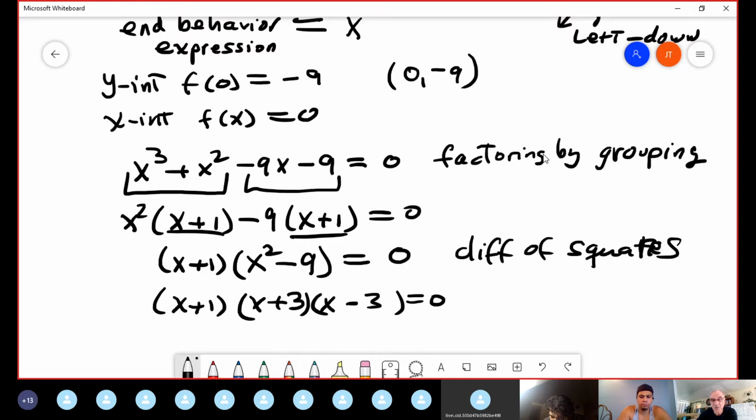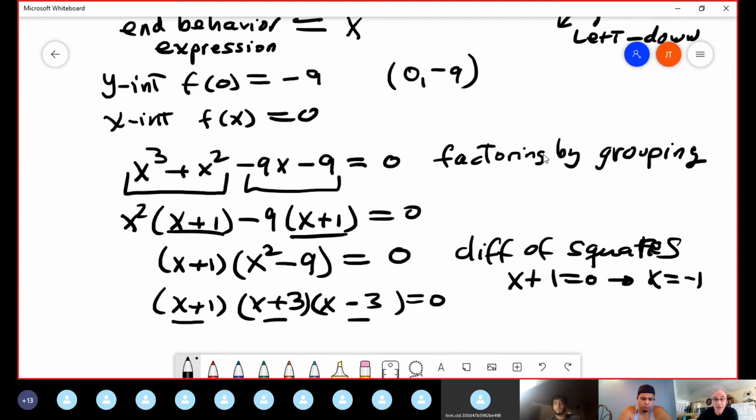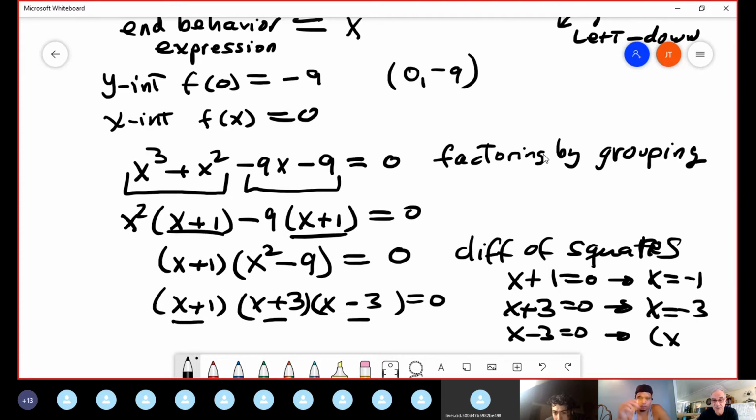And the solution: when you apply the zero factor property, each factor is 0. x plus 1 equal to 0, the solution is negative 1. x plus 3 equal to 0, the solution is negative 3. And x minus 3 equal to 0, the solution is x equal positive 3.